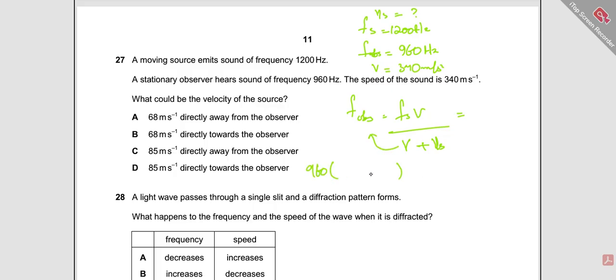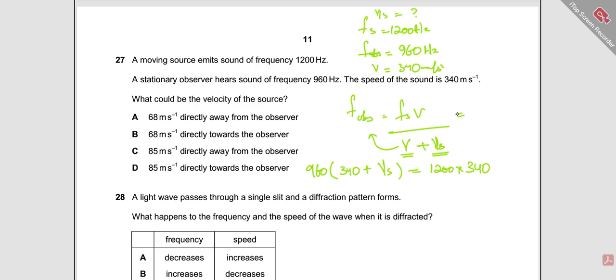This gets multiplied here, and then on the right we have the frequency of the source as well as the velocity of the sound wave, which is 340. Now we have the velocity of sound plus the velocity of the source. Sound is 340, source we have to find. We just rewrite this equation and we'd get the final answer.